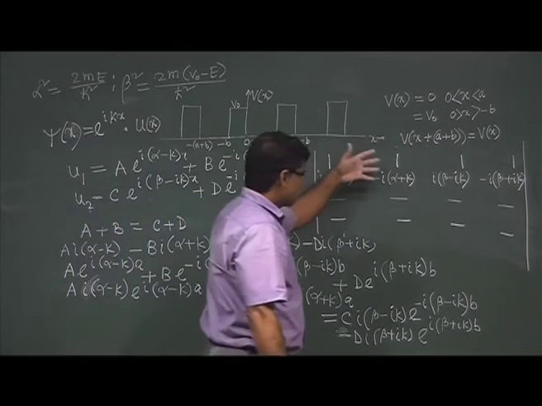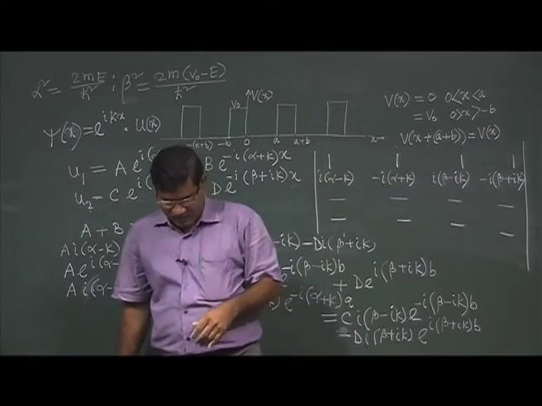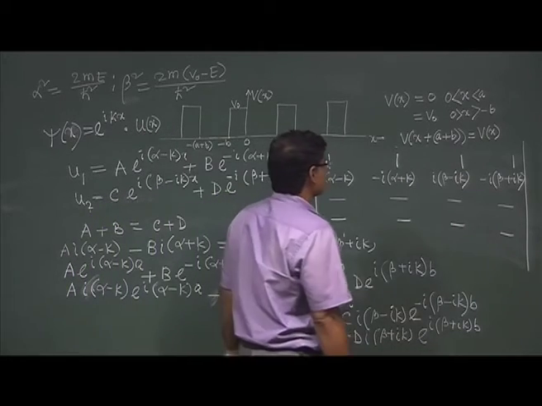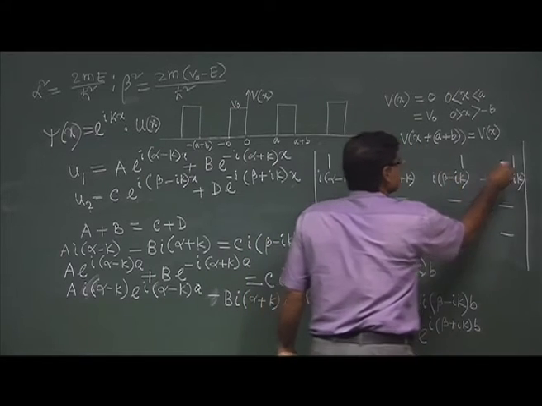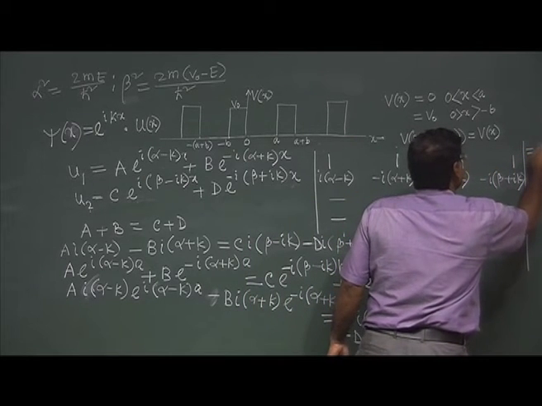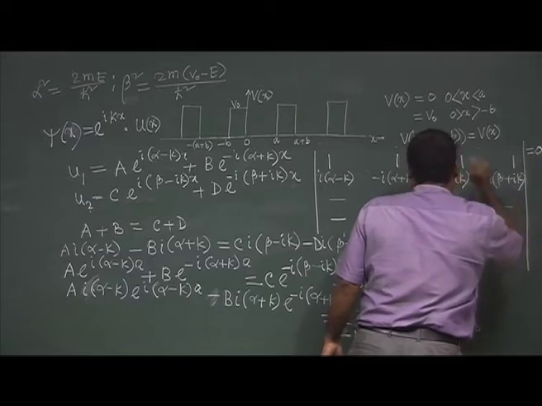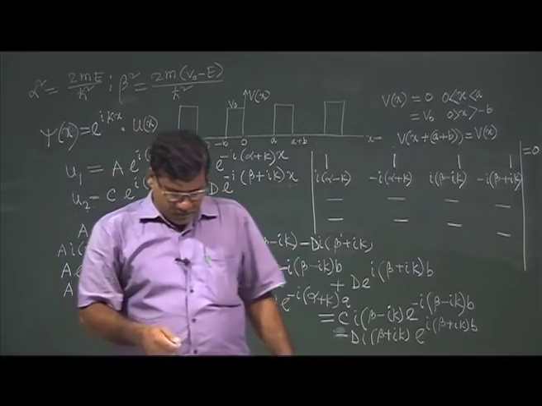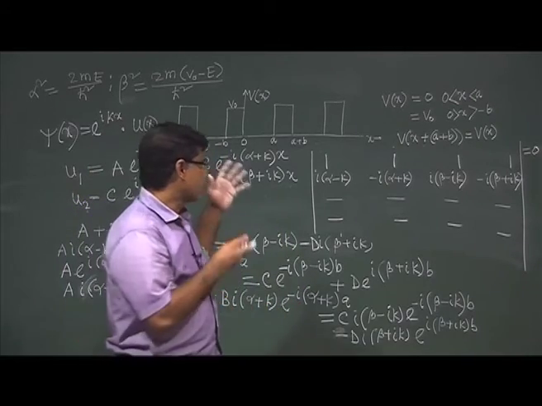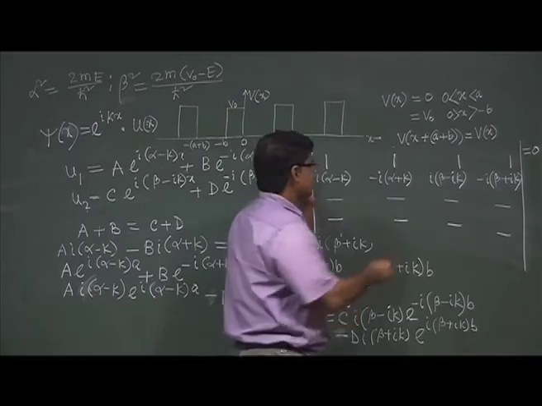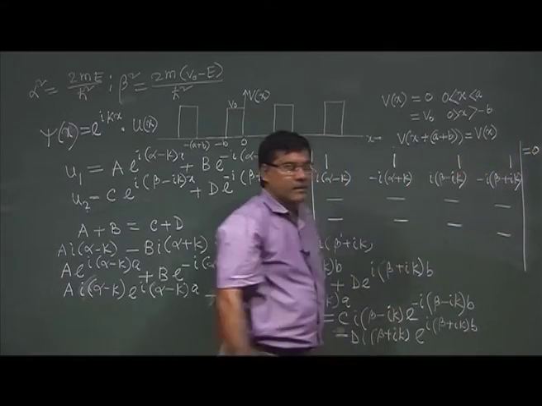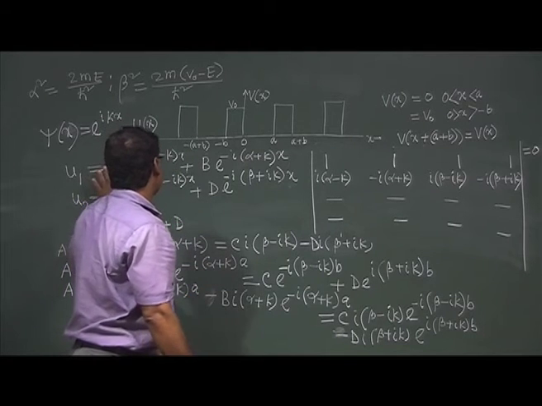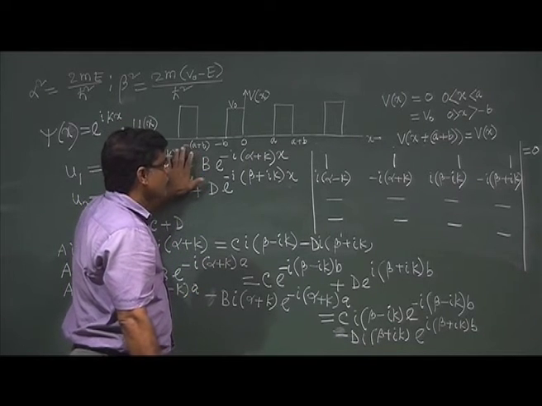Now the condition is, when you use the determinant, if this determinant vanishes, meaning this determinant is equal to 0, then it will give non-vanishing coefficients and the corresponding wave function.